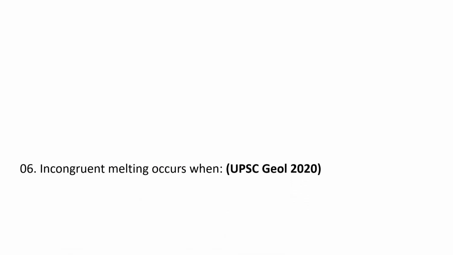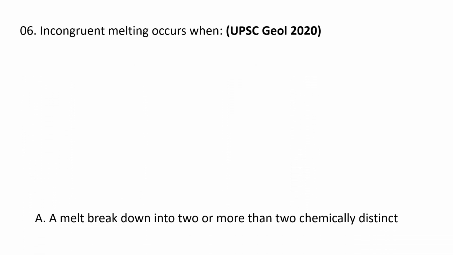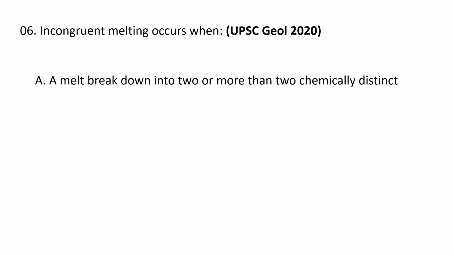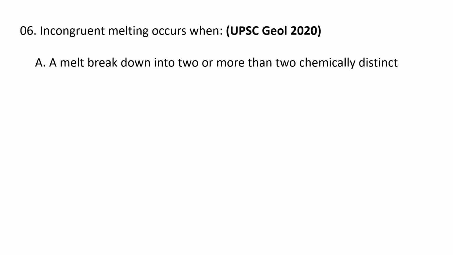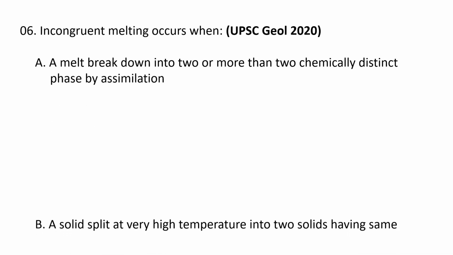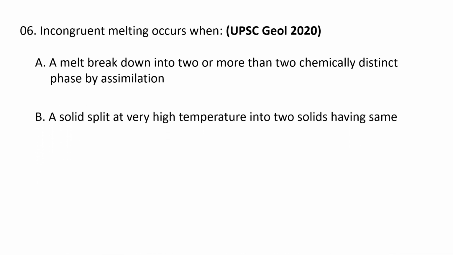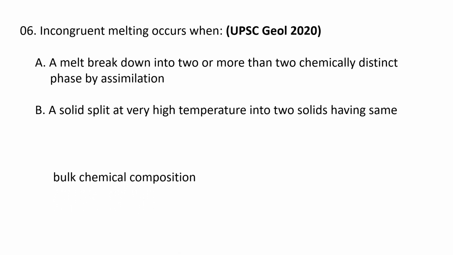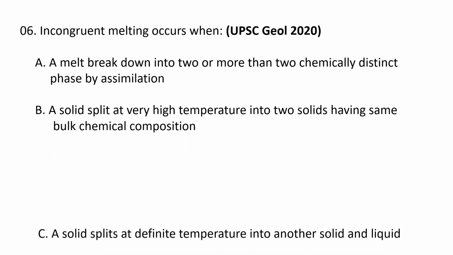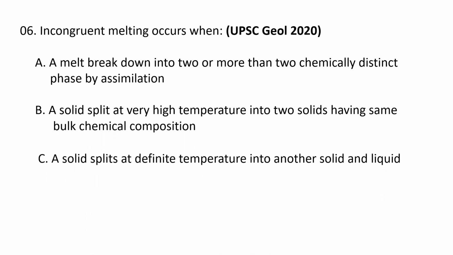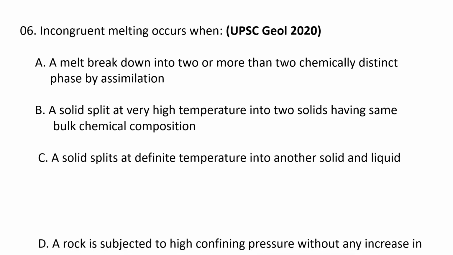Sixth question: incongruent melting occurs when A. A melt breaks down into two or more chemically distinct phases by assimilation. B. A solid splits at very high temperature into two solids having the bulk chemical composition. C. A solid which splits at a definite temperature into another solid and liquid.